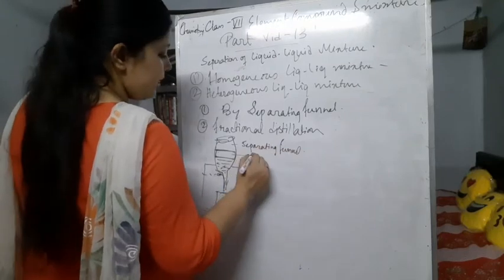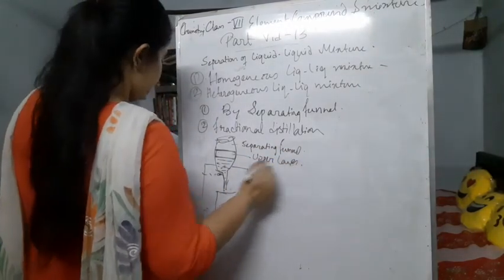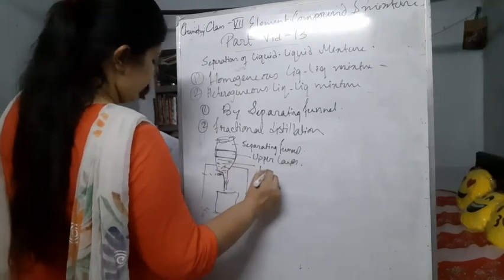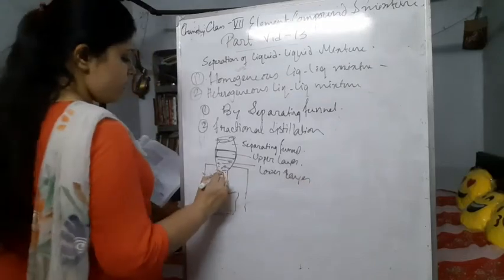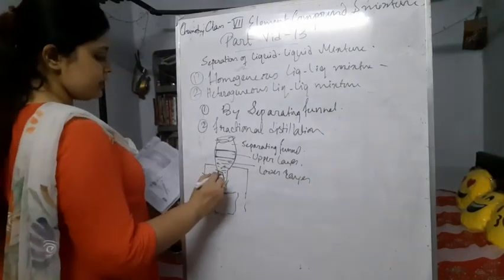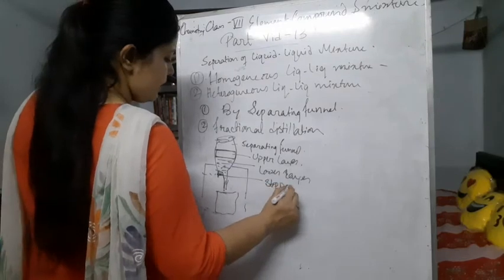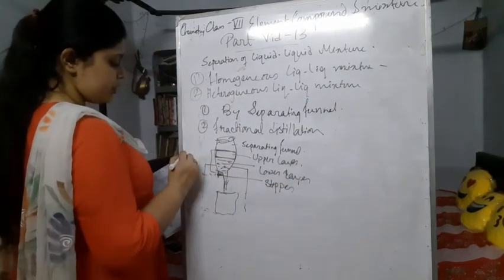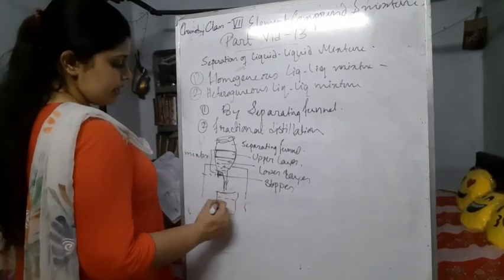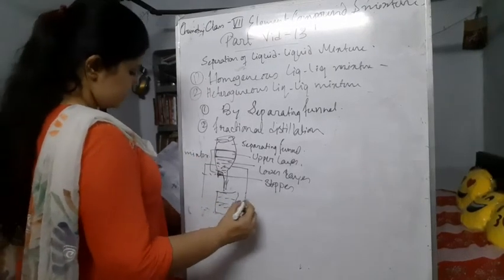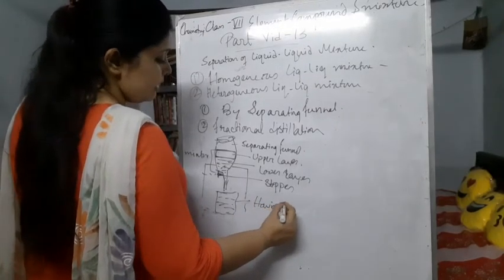Here is the upper layer, and here is the lower layer. One stopcock is present here, and this full liquid is the mixture. Here is a beaker where the heavier liquid is stored.